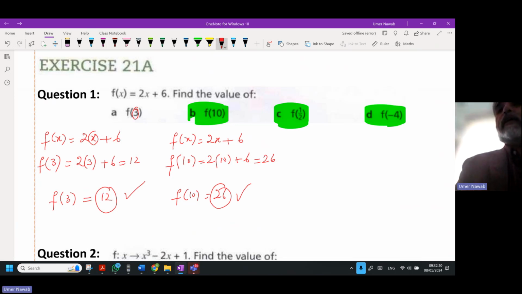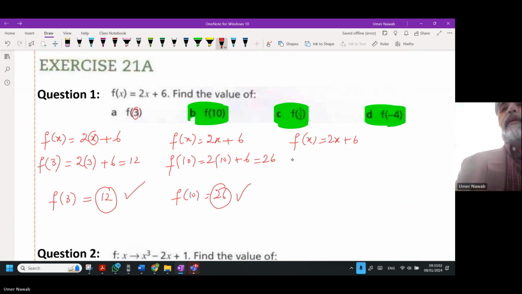Let's do the same thing in part C. f of x is 2x plus 6, because for all of these 4 parts, I will use the same rule, which is f of x is equal to 2x plus 6. In the third case, the input is half. I'm going to replace my x with half and try to compute this.